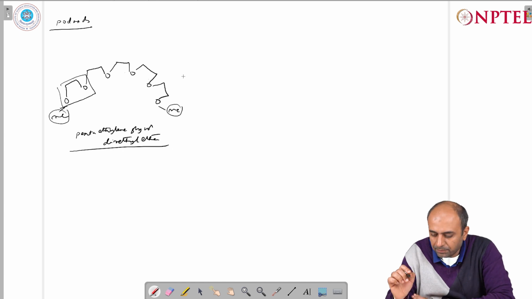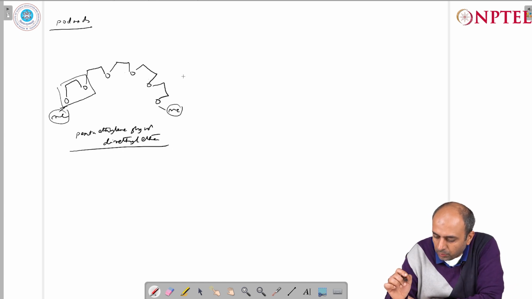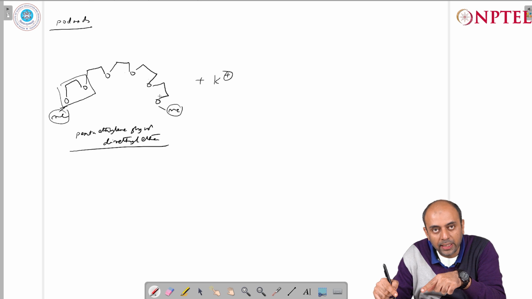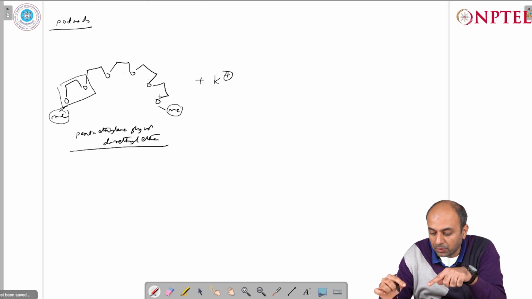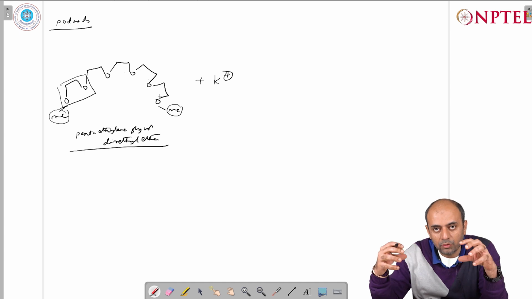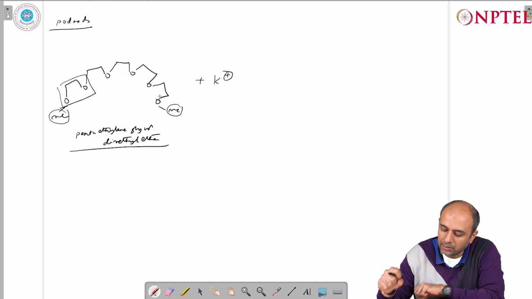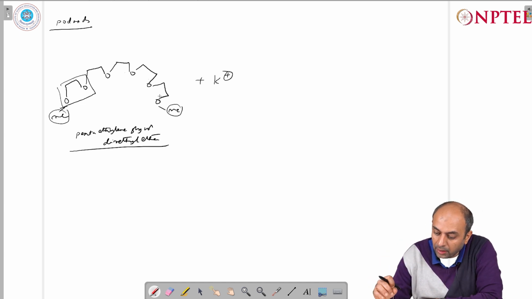open chain conformation. Now if you put in a guest molecule, say if you add potassium cation, we know that this conformation has to wrap itself around the potassium cation, and that is going to be entropically unfavorable because we have got an open chain conformation, and now we are going to rigidify the host. So we have got to restrict the conformation so that it can effectively encapsulate this potassium ion, and therefore there is an entropy loss.